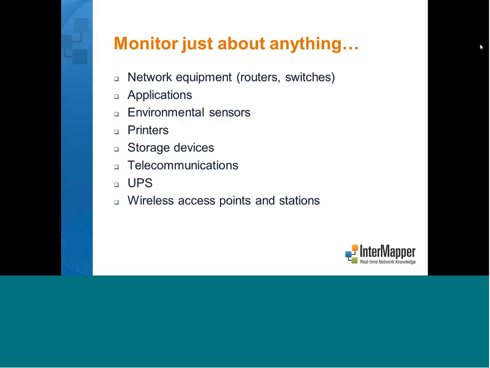There's a whole grab bag of other kinds of equipment and I'll touch base on some of these. But basically, InterMapper either has a built-in probe or some other contributed probe that will let you see into the performance of most anything.